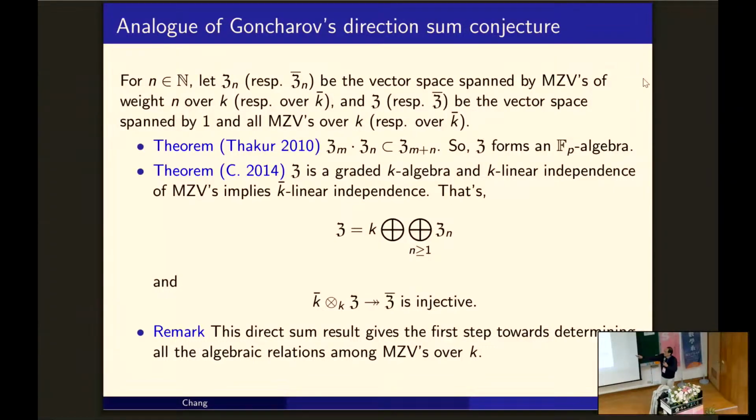Similarly, we can define script Z and script Z bar, spanned by 1 and all MZVs. And Thakur showed that the product of two MZVs can be written as an F_p-linear combination of MZVs of the same weight. So the product of these two is contained inside here, and this Z forms an F_p-algebra.